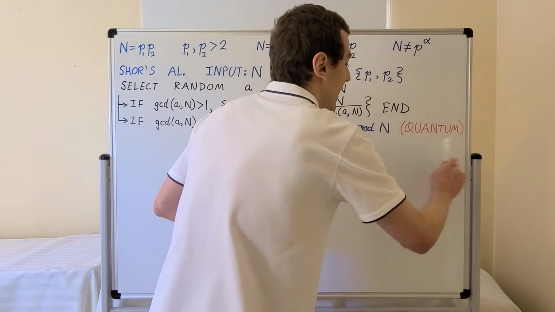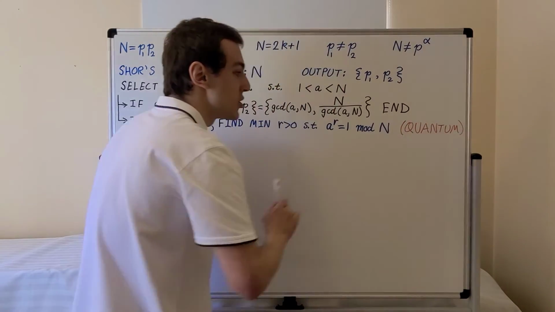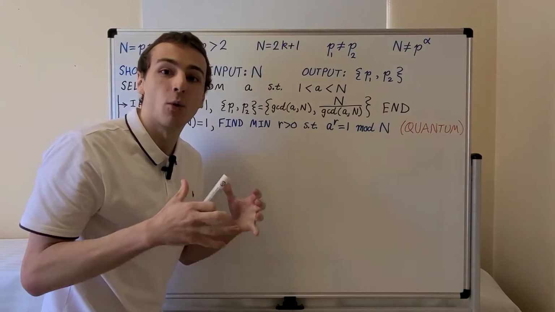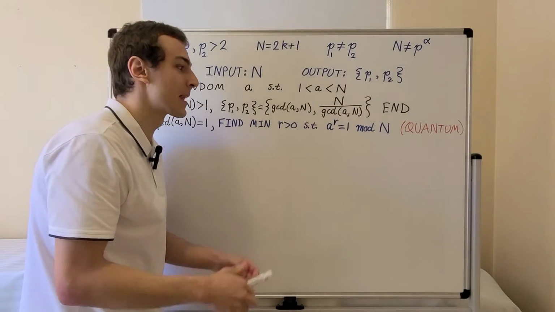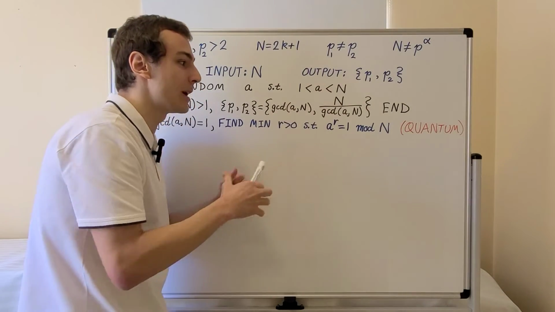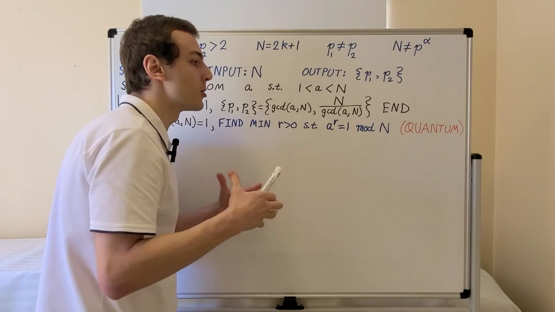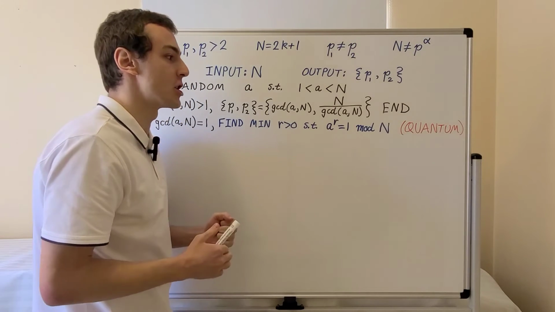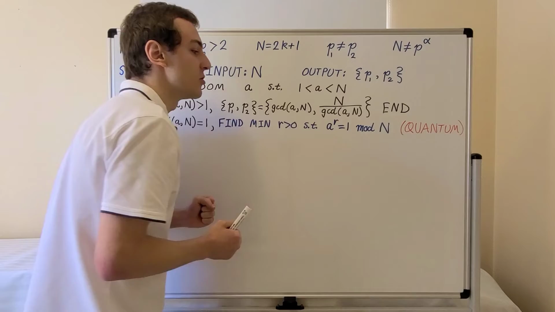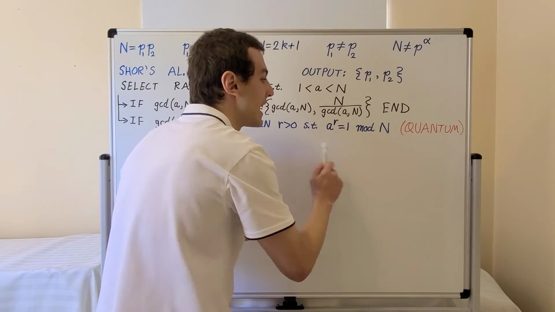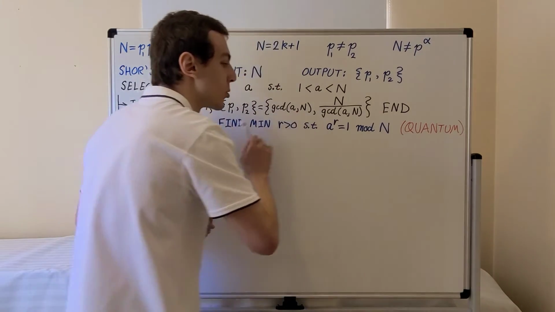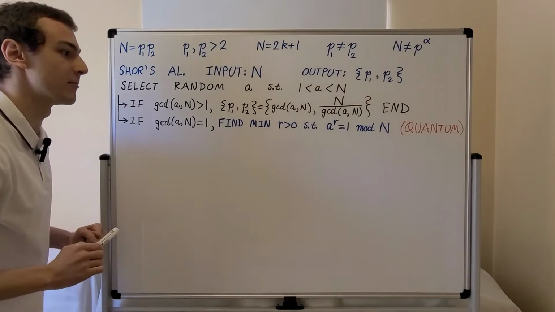So this is actually a fairly complicated procedure that involves utilizing the quantum Fourier transform. The Hadamard transform also appears, and we also have the concept of modular exponentiation. So we use that to find the order of a mod n. That is why this is called the order finding subroutine.